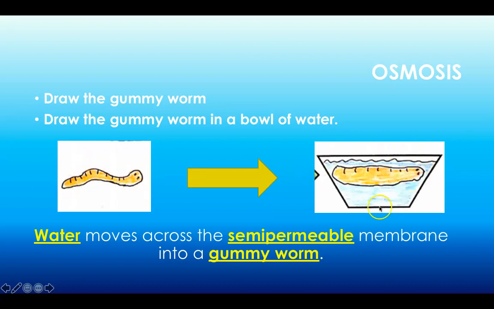You have a bowl of water that has a high concentration of water. So naturally the water fills in the gummy worm, moving from an area of high concentration to an area of low concentration, eventually causing the gummy worm to expand. Because the gummy worm has a semi-permeable membrane, it allows this movement of water very easily.